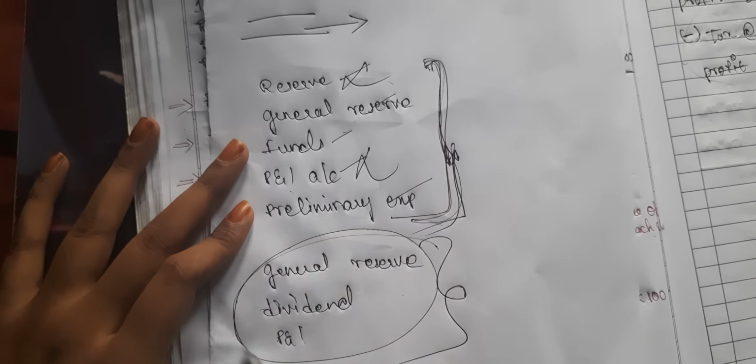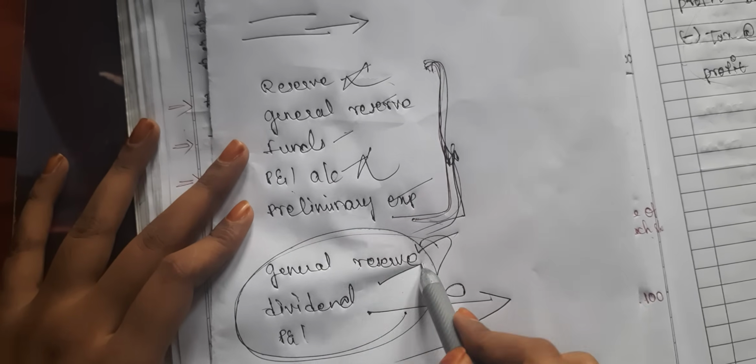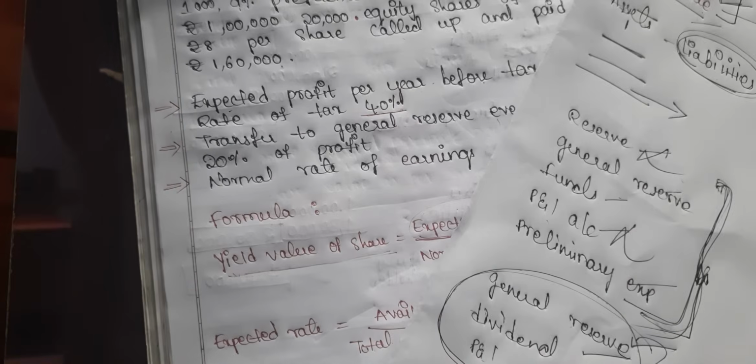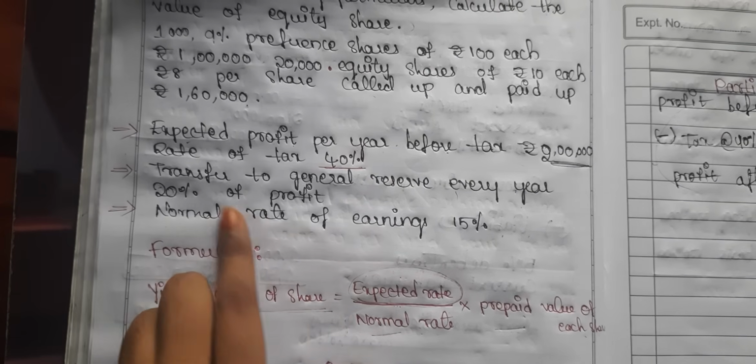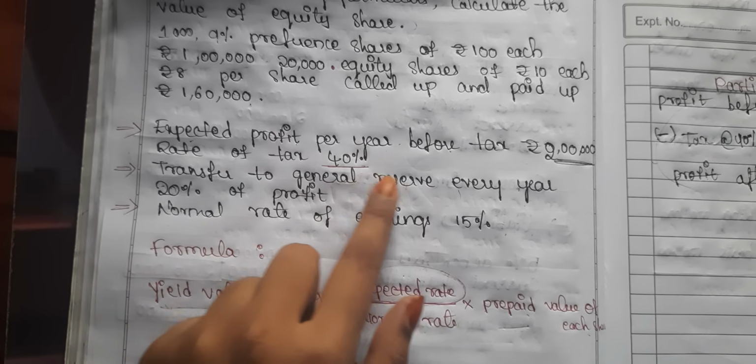After this we need to calculate these amounts if they are given in the question. What are they? General reserve, dividend and P&L amount. Do we have general reserve in the question? Yes, it is transfer to general reserve.